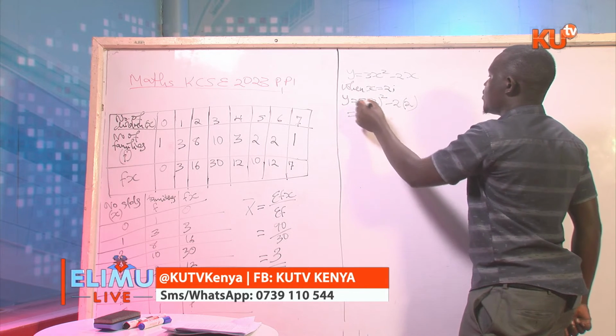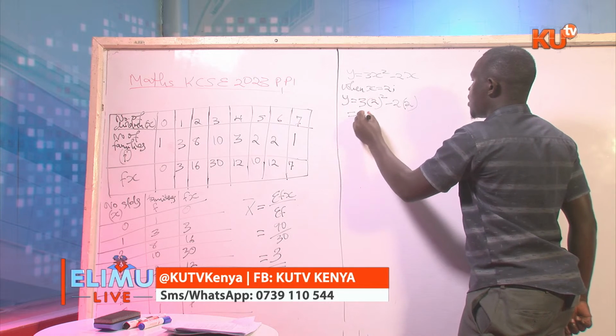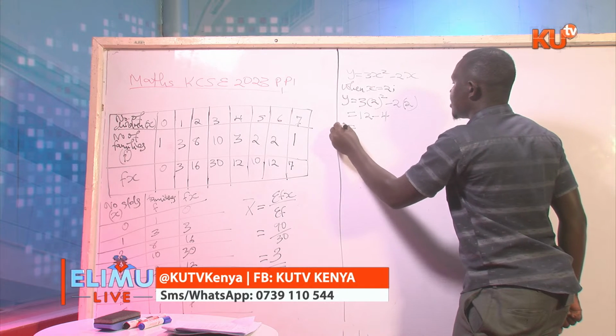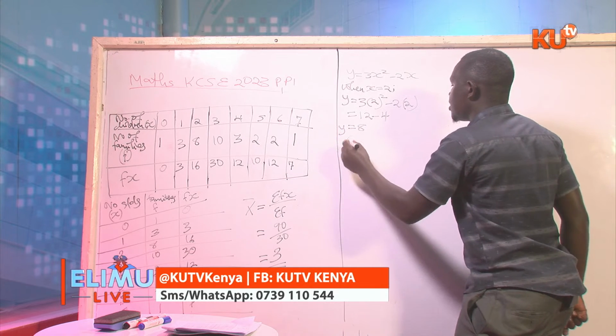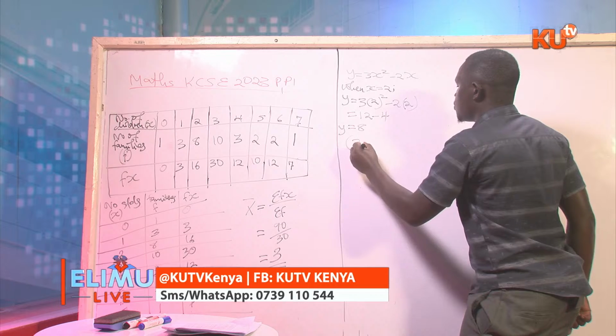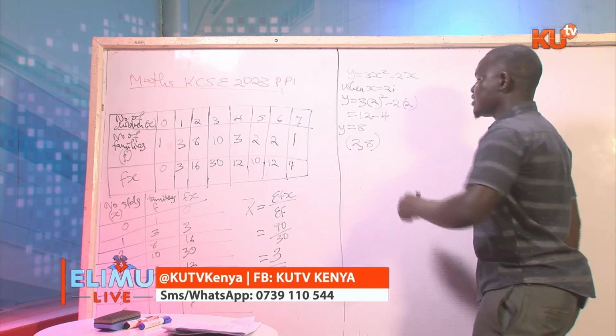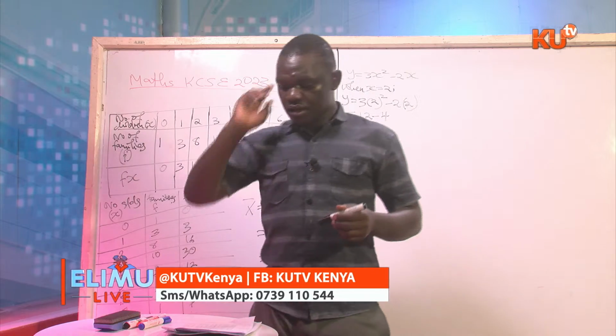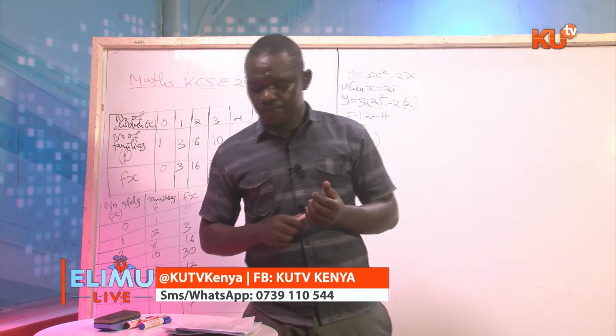So, 2 squared is 4. 4 times 3 is 12 minus 2 into 2, which is 4. So, you'll be getting y as 8, meaning that point in coordinate form is (2, 8). That is the point. Now, after that, you are told to get the equation of the normal.